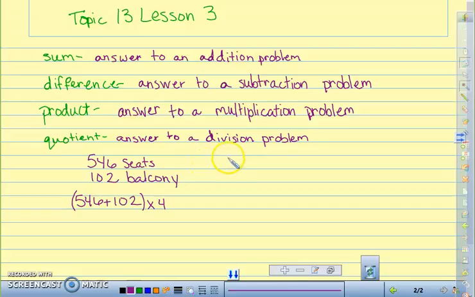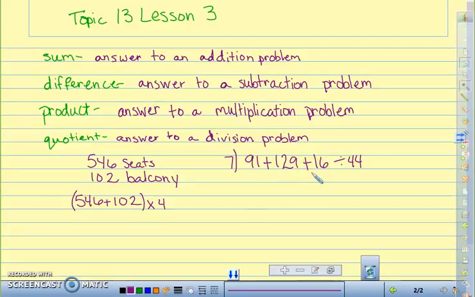So let's look at number 7 on the independent practice. Number 7 says we want to add 91 plus 129 plus 16. And then it says to divide by 44. Now, in order of operations, we would do the division problem first, but that is not what it says.